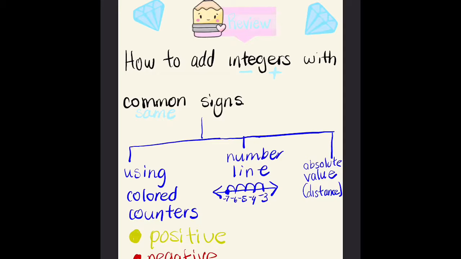A distance is just the number of steps it takes you to go somewhere, or the miles that you traveled, or on our number lines, it's the number of jumps it takes that number to get back to 0, right? So yes, those are the 3 different strategies that we used yesterday.